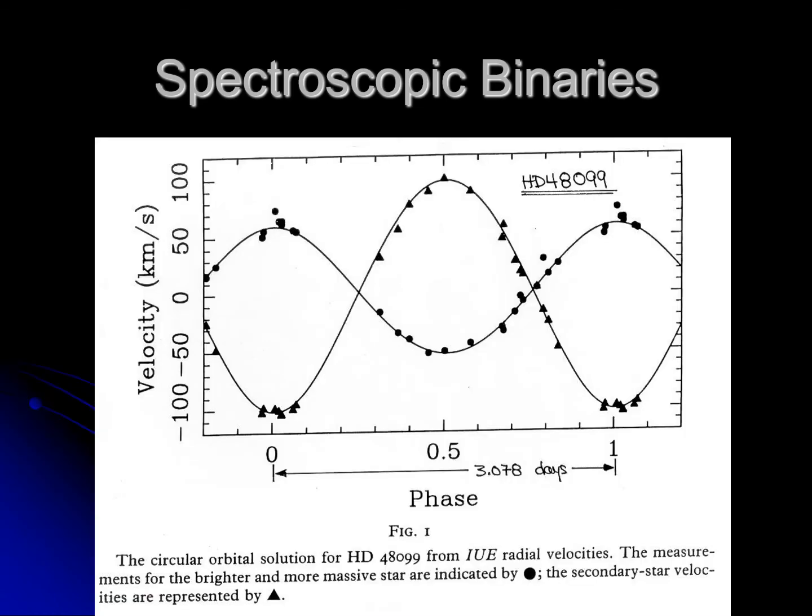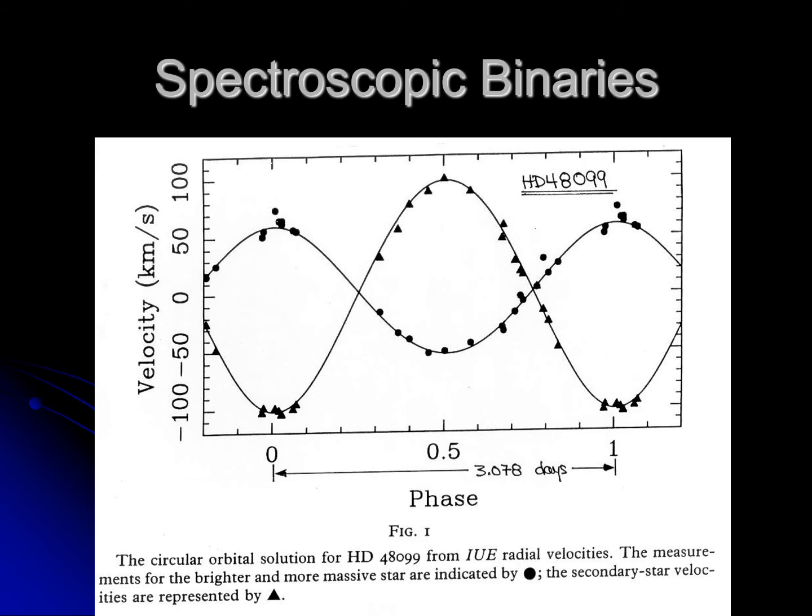Here is the star HD 48099, and you can see one of them like this and the other one like this. Now, they cross right here. Notice this star doesn't change as much as the other. So which star is going to actually move the most, the big one or the small one? The answer is the small one is going to move the most.